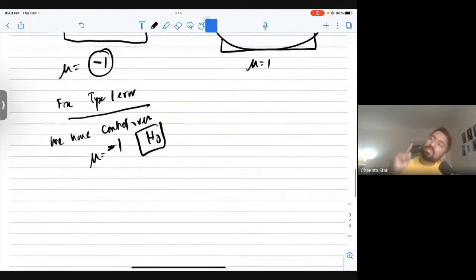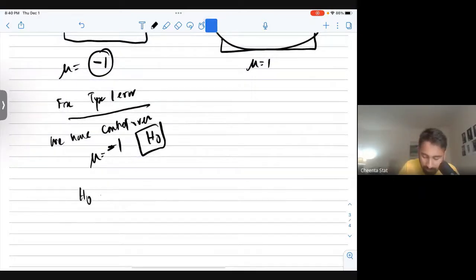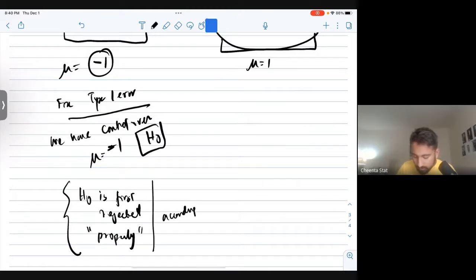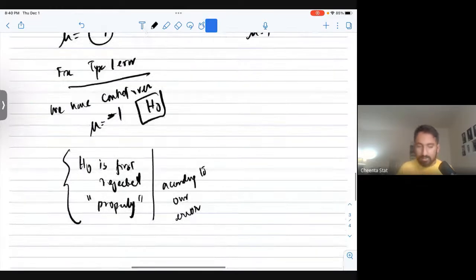That means we must make sure that h naught is rejected first properly. By properly means according to our level of significance, according to our error, how much we can tolerate.